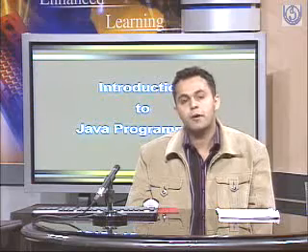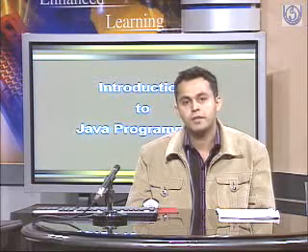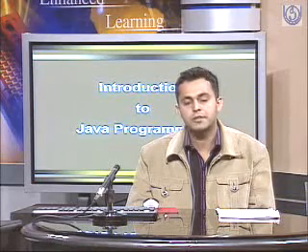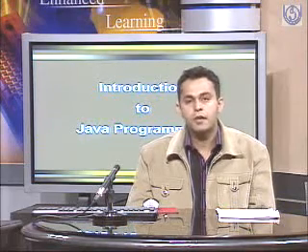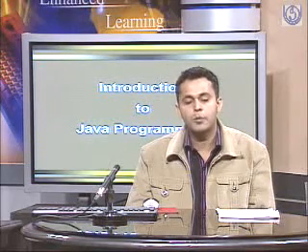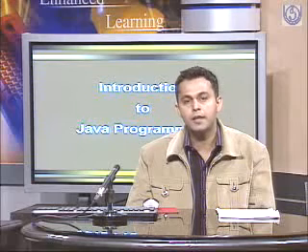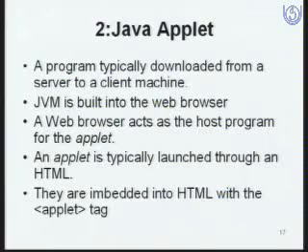The second type of program is the Java applet. What is a Java applet? A Java applet is typically a program downloaded from a server to a client machine. The JVM is built into the web browser. A web browser acts as the host program for the applet.